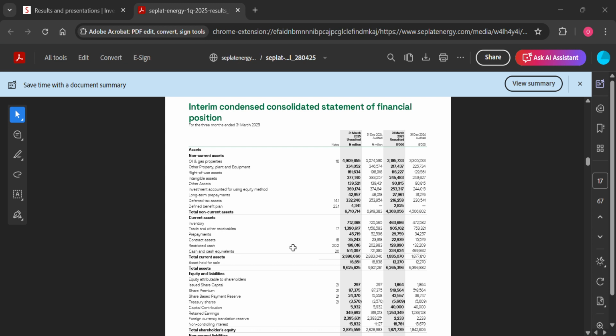So you can do it like this. This is basically the structure of the P&L.